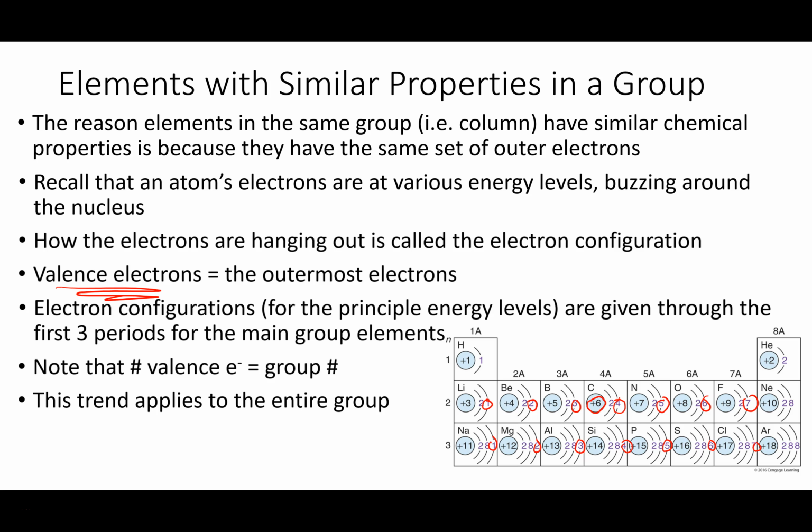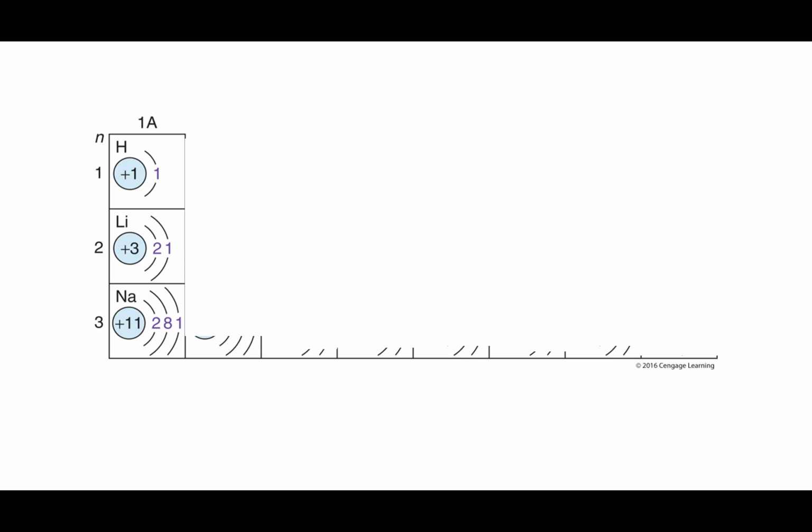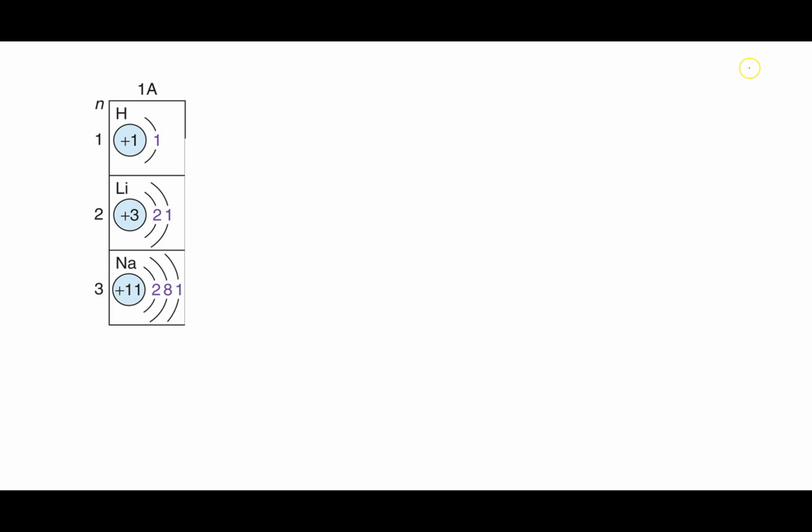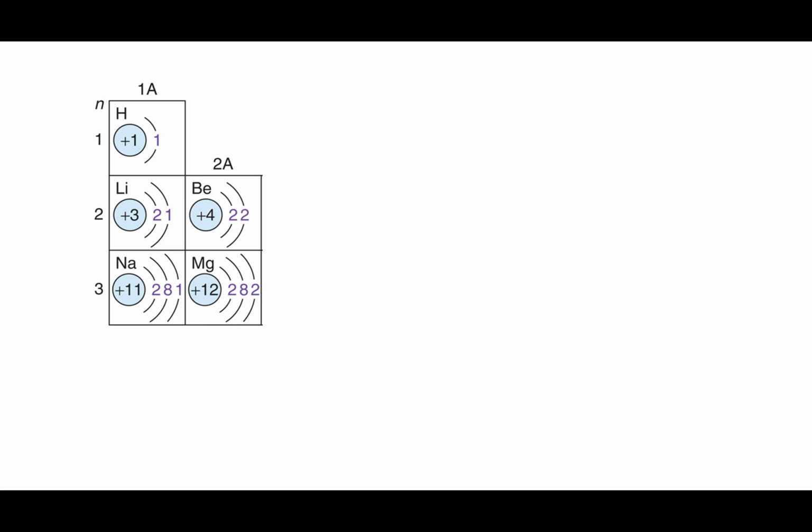I don't think I'm going to need this one now, but all I did was pull in that one figure. If we focus on 1A, you can see the 1 valence electron. 2A, 2 valence electrons. What's under magnesium on the periodic table? Calcium, thank you.